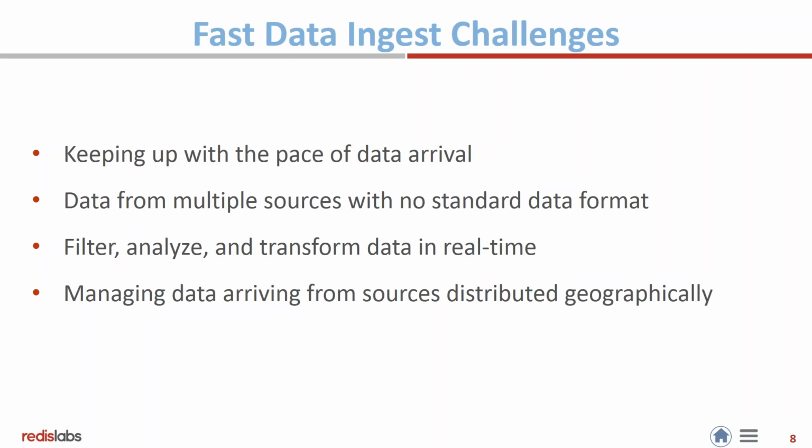And you should do all this in real time. If you don't do this at a faster pace than the pace of arrival, then you will end up having a backlog of data, which may again lead to data loss, or you may not be able to achieve what you want in real time.